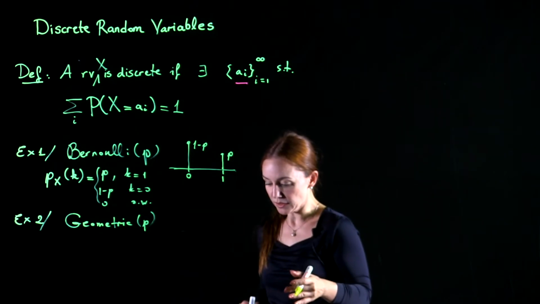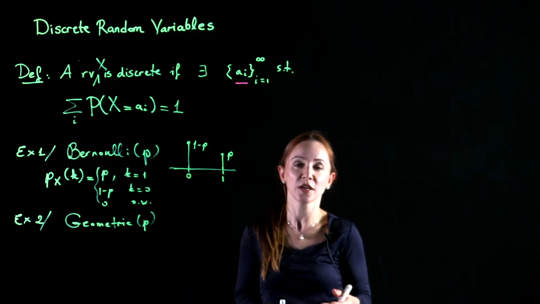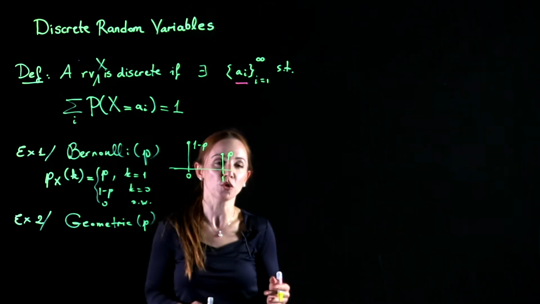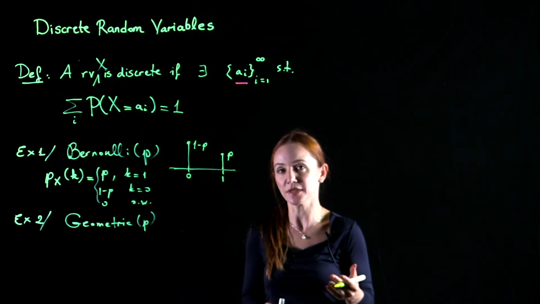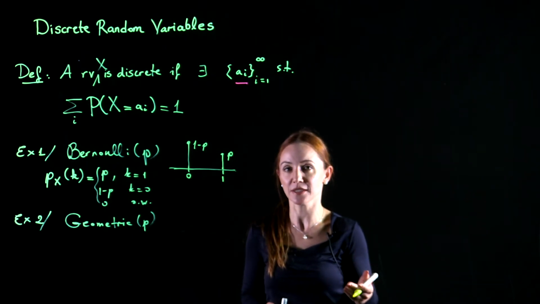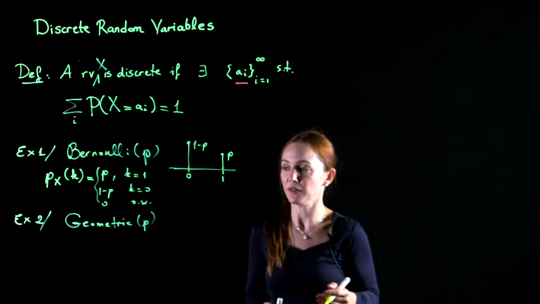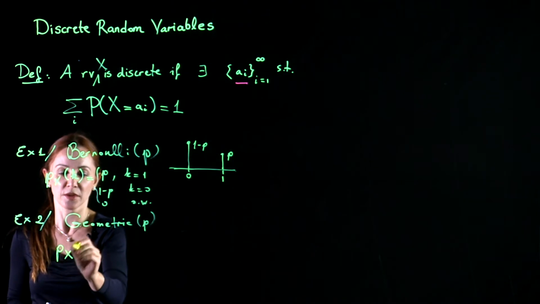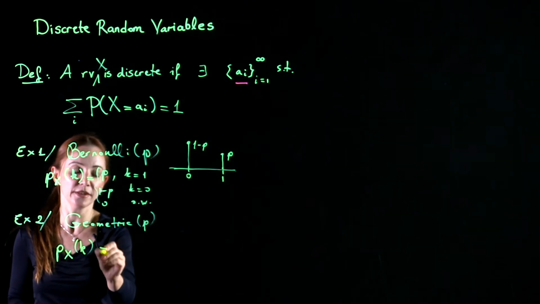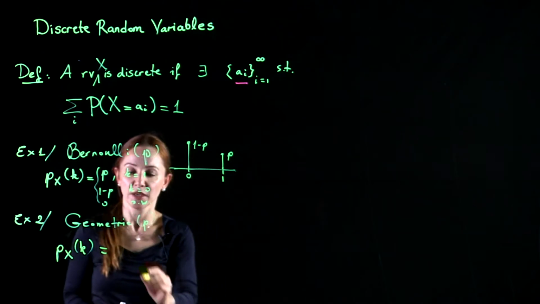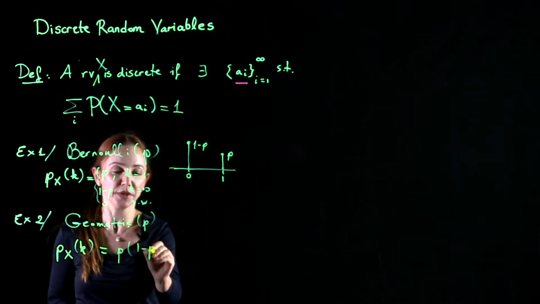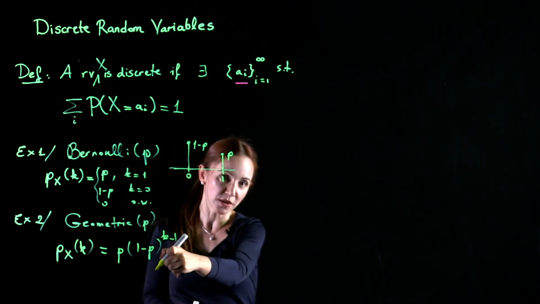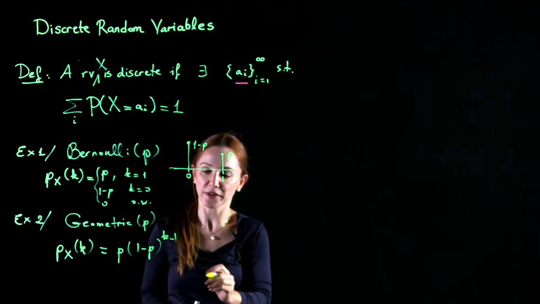Remember when we did a sequence of independent trials with success probability p in each trial, the total number of attempts until we get a success, including the attempt on which we have a success, has the geometric distribution, such that the probability that the number of trials is k is p times (1 minus p) to the k minus 1, because we're looking for k minus 1 failures followed by a success.